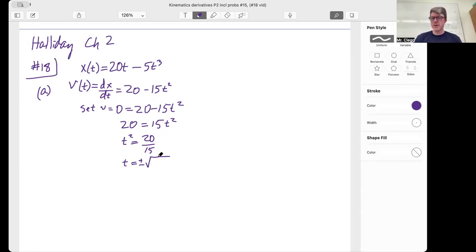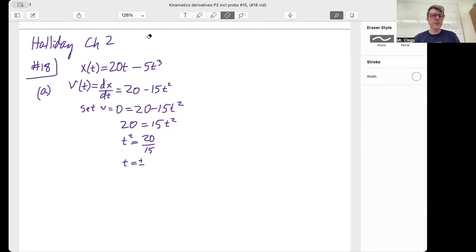I'm not going to use radical notation. I'm just going to go ahead and square root that answer, and we'll get a decimal approximation.